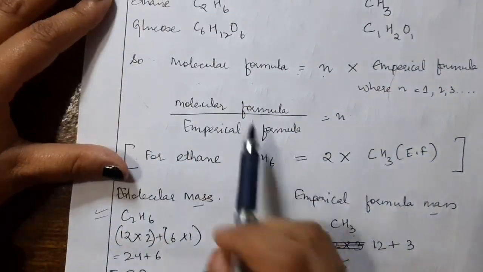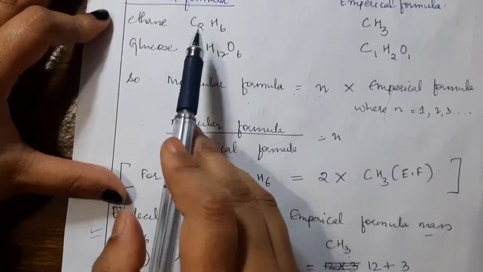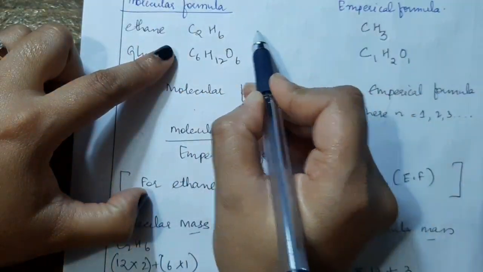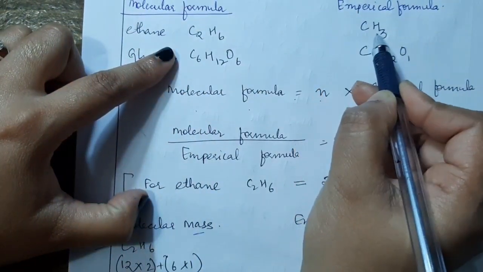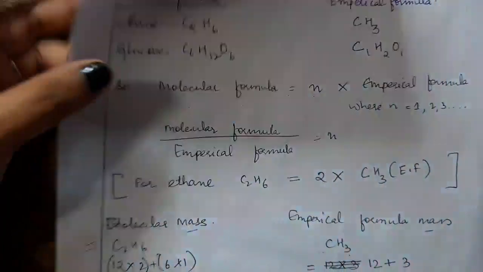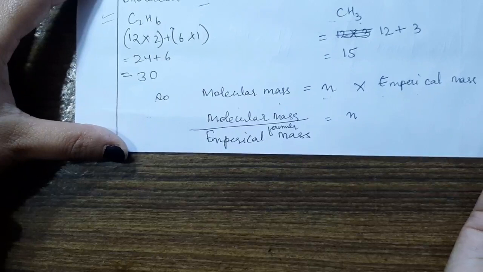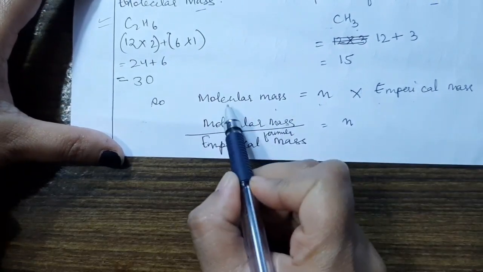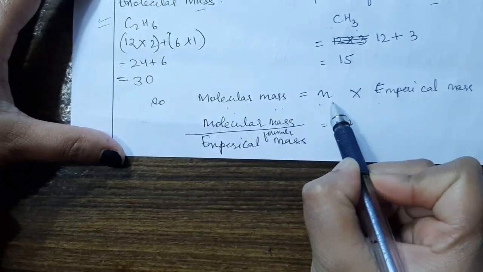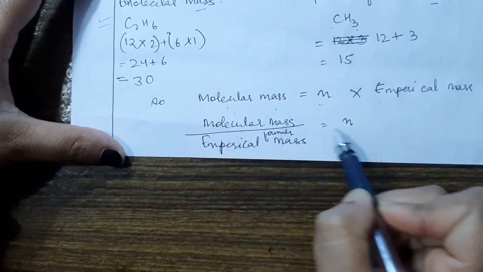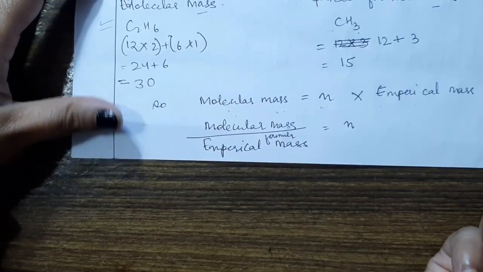Here also, n is 2 only, in order to get the molecular formula equal to 2 into CH3. Similarly for the mass, the value of n is the same, that is 2 only. So molecular mass equals n into empirical mass, so molecular mass divided by empirical mass also gives us n, the same integer.